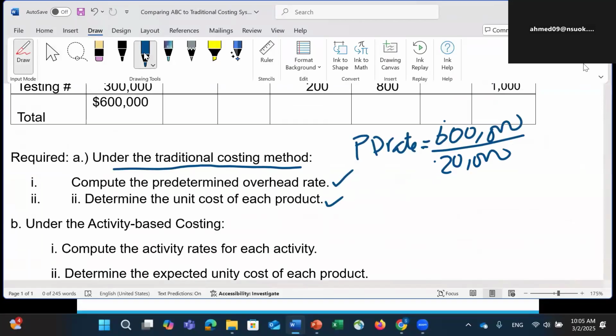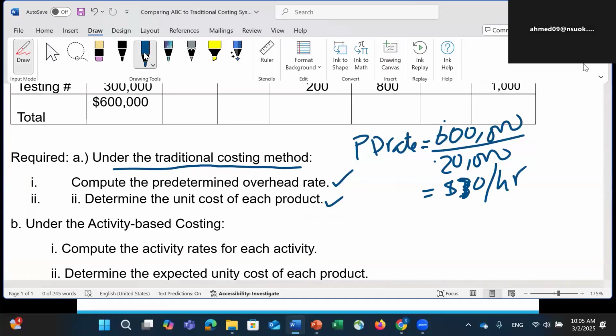So 600,000, when you divide that, it would be $30 per hour. That's the rate, $30 per hour. So we did that predetermined rate.